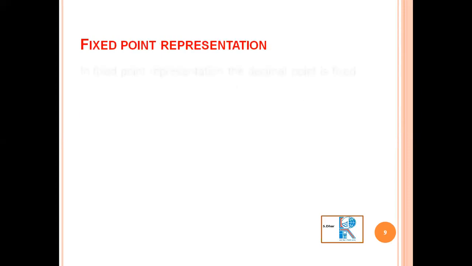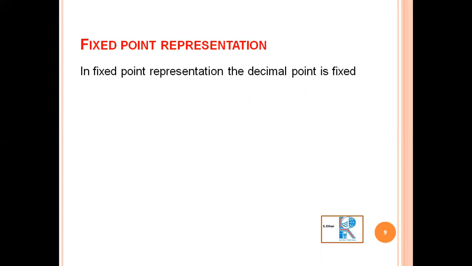Now see here, what is fixed point representation? In fixed point representation, the decimal point is fixed. Clear? Now see here, what is the example of this? See, all the numbers here are fixed point representation. See here, 10.0. So here the decimal point is fixed.